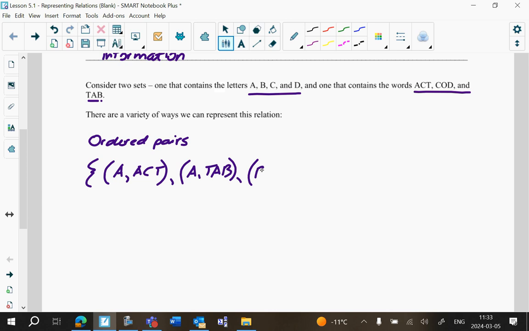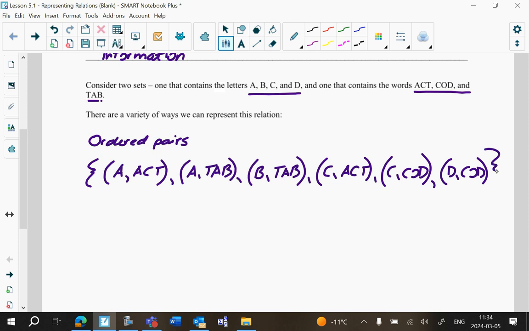B appears in just tab. C appears in act and cod. And D appears in just cod.